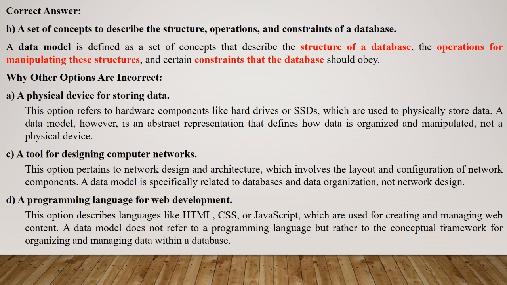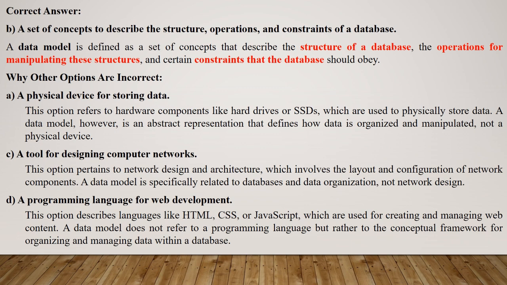C, a tool for designing computer networks. This option pertains to network design and architecture, which involves the layout and configuration of the network components. A data model specifically relates to databases and organization, not network design. D, a programming language for web development.